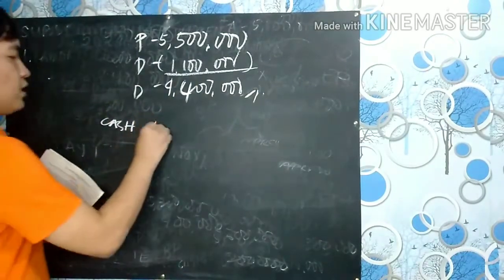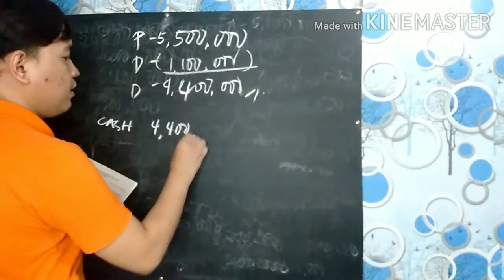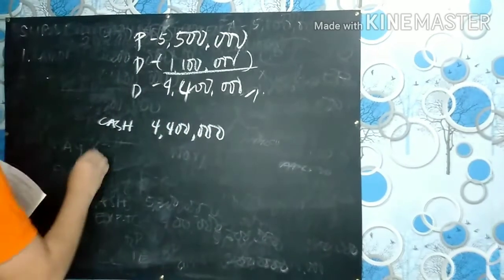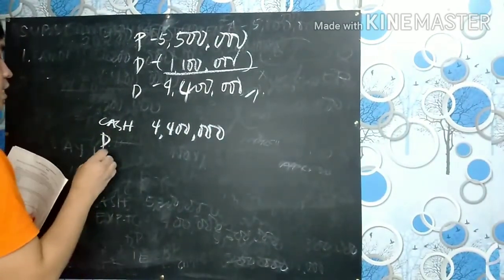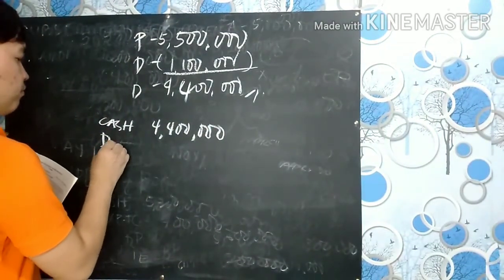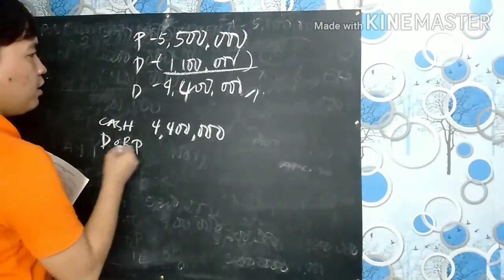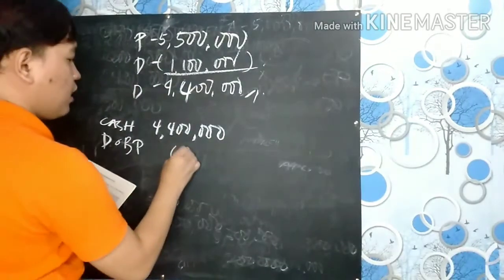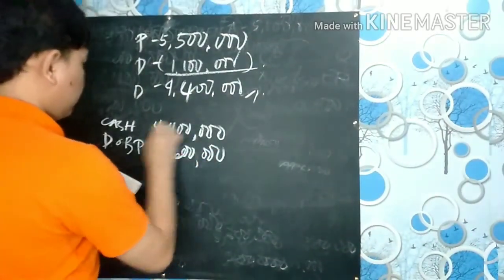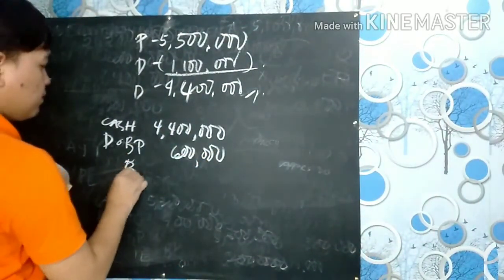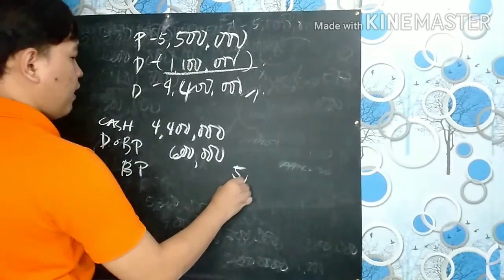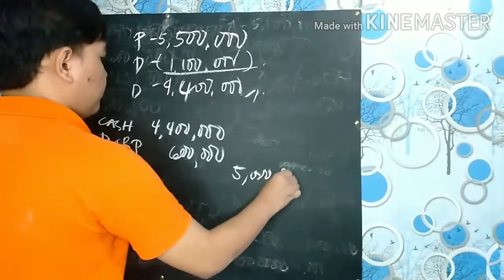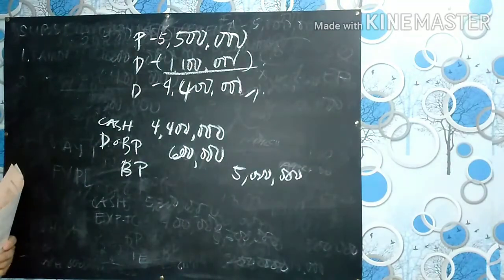Okay, debit tayo ng cash, 4,400,000. Debit tayo ng discount on bonds payable. Magkano ba yung sagot natin kanina? 600,000. Right? And then, credit tayo ng bonds payable na 5 million. Ganyan po yung magiging entry natin.